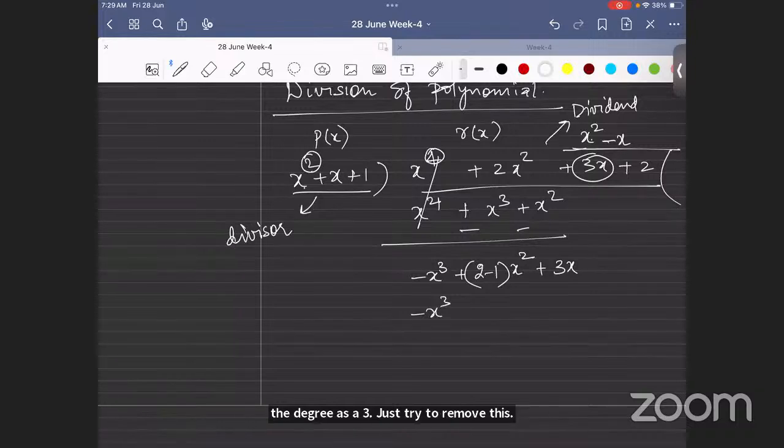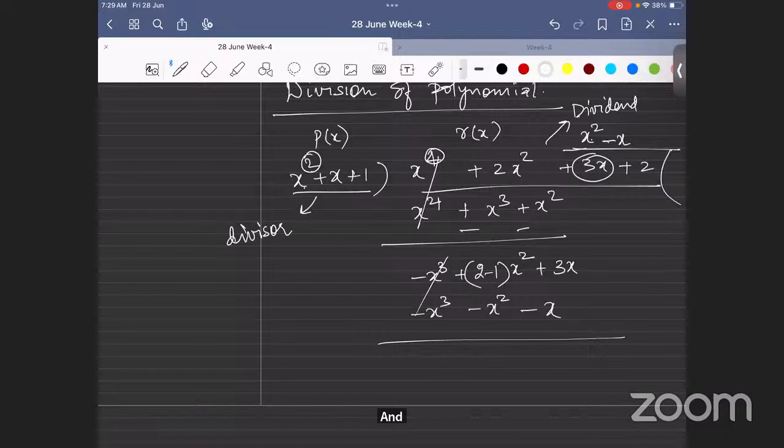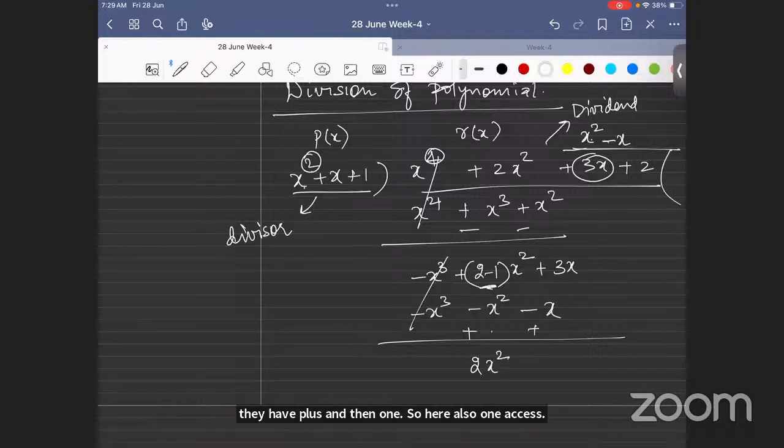Then we're left with minus x cube, and then minus x square, and then minus x. Correct. So now this is not remaining, and here also 1x square leaves us with 2x square. And then you have plus 4x, and you can take out the constant 2.